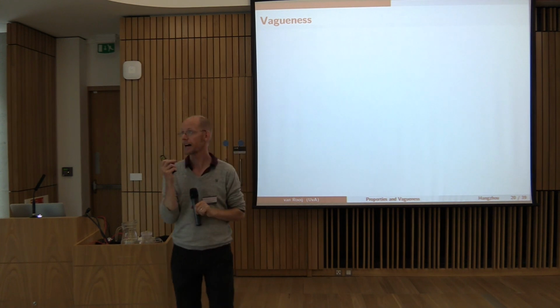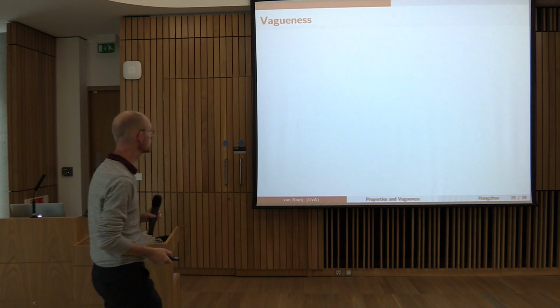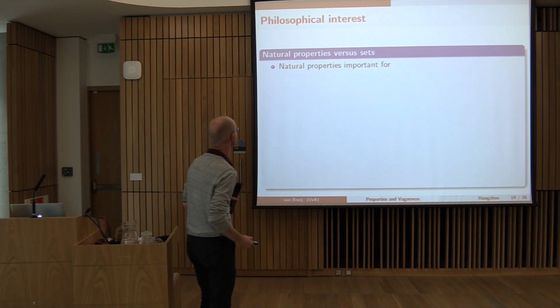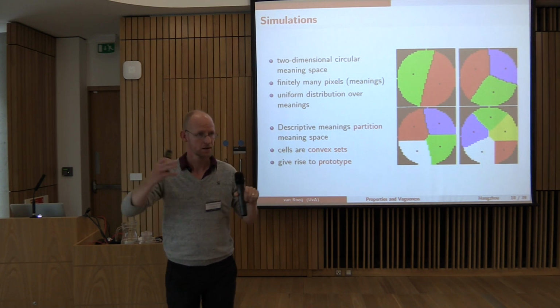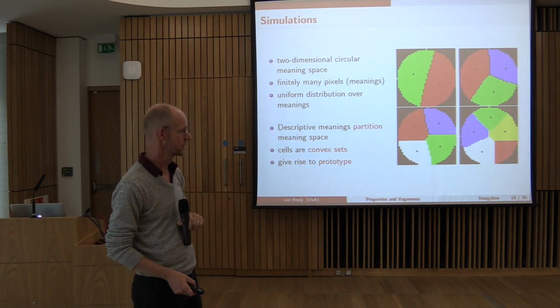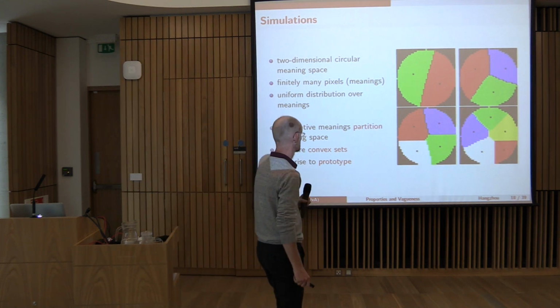Now another thing that I worked on myself is vagueness. This is what comes out from evolution, given the setup of the game. You have a similarity structure, and in every situation you send a particular message.